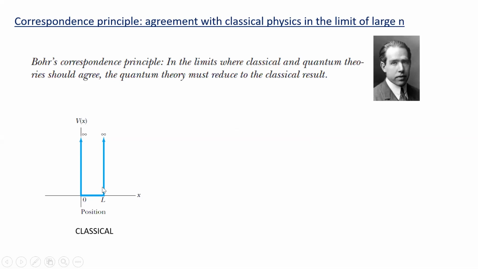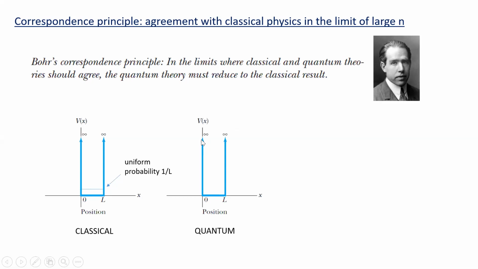And since the total probability should be 1, and the position has length L, the uniform or constant probability over the whole interval will be 1/L, because 1/L times the length L would be 1.